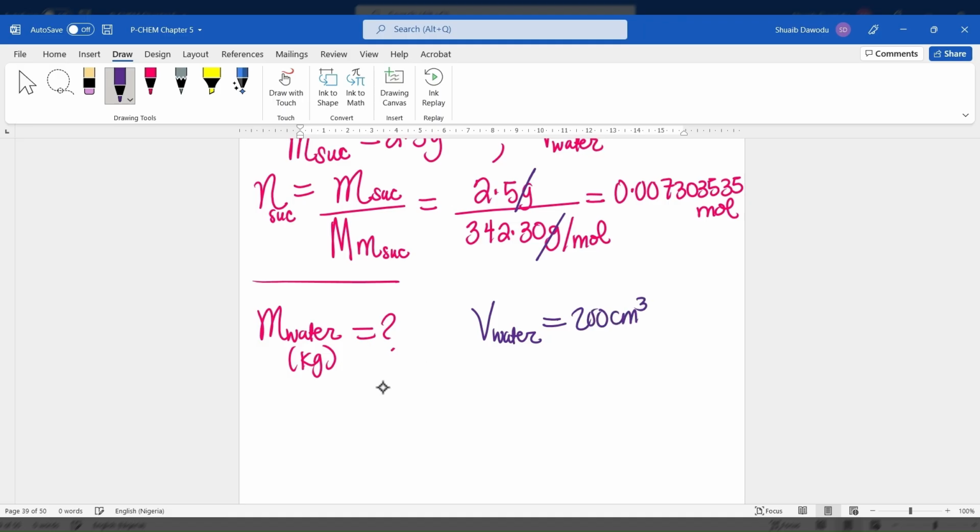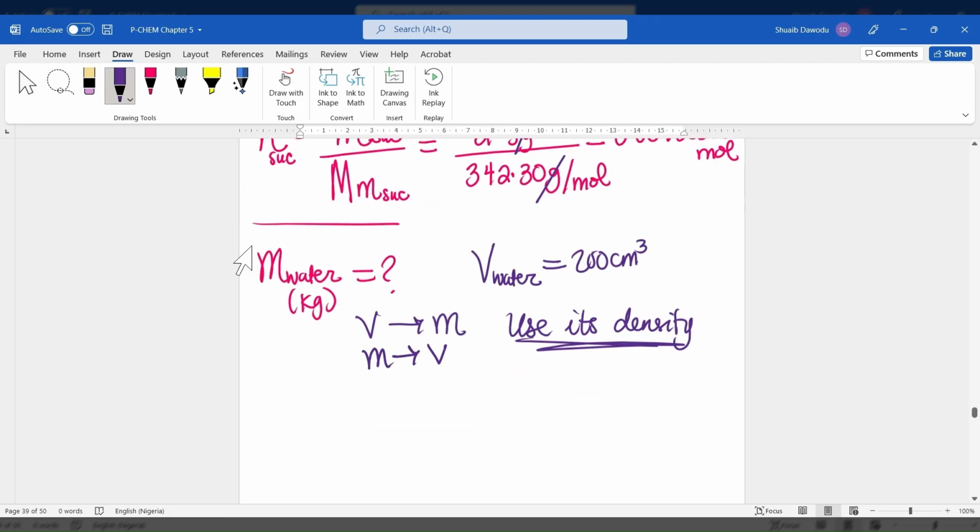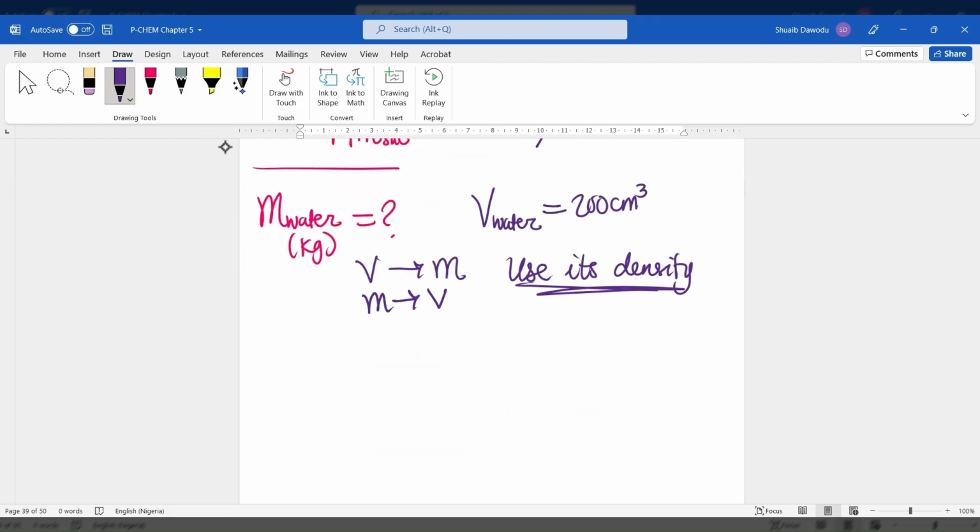Going back to Gen Chem, we know that to go from volume to mass, or mass to volume, of a particular liquid, we have to use its density. So in this case, we're trying to determine the mass after being given the volume. Remember, density is simply mass over volume.